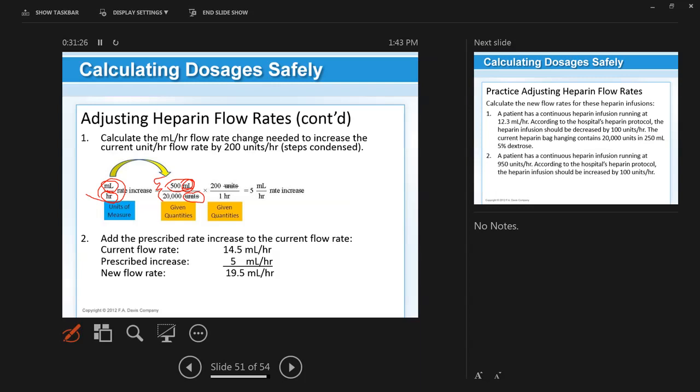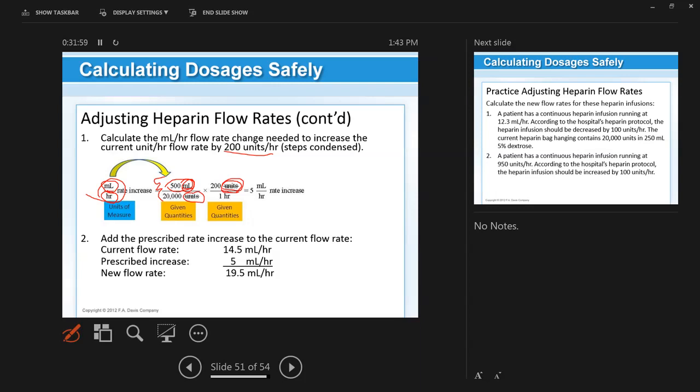We know we can eliminate units by adding it as the label of our next equation in that numerator. And then when we look at what contains units in our problem, we can notice that the rate increase is 200 units per hour. So we're going to go ahead and put 200 units over 1 hour. Then all we would do is take 500 times 200, divided by 20,000, and then we would have an answer of 5 milliliters per hour.